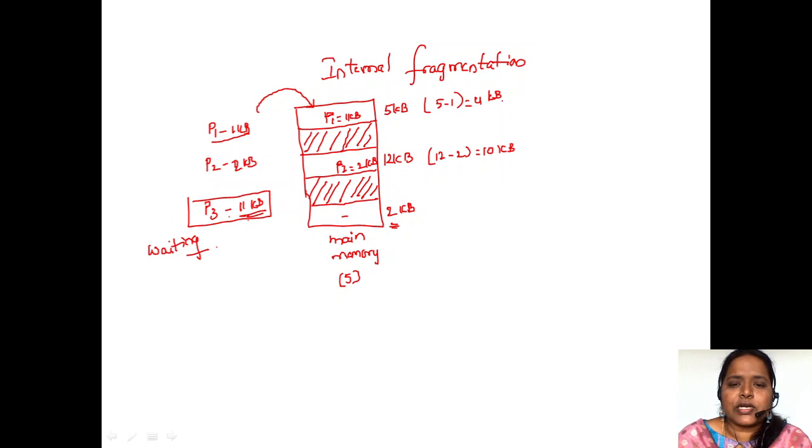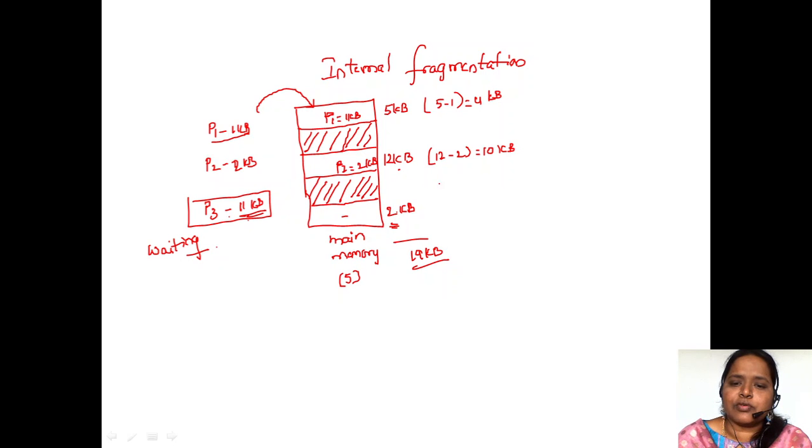Now what is happening over here? How much memory is there in total? 12 plus 2 is 14, plus 5, totally 19 KB of memory. In that 19 KB, how much memory have we used? Only 2 plus 1, that is 3 KB.